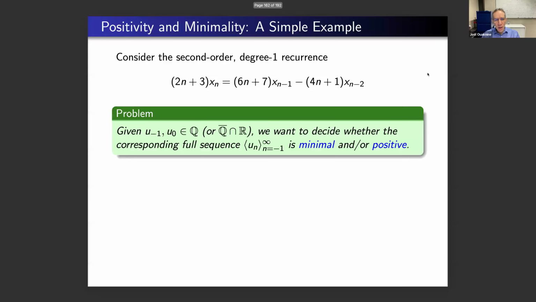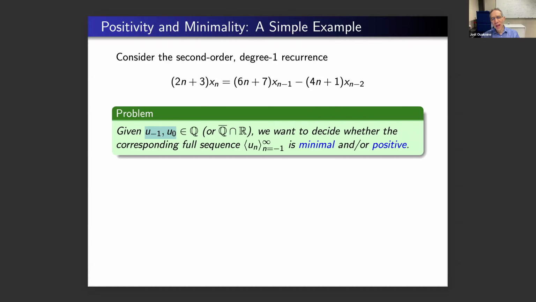Now, here's a problem I want to consider for this class, the class of second order degree 1 recurrences. Given the first 2 terms, and I apologize, instead of starting at 0 and 1, for technical reasons, and this is because of the literature, we start at minus 1, 0.